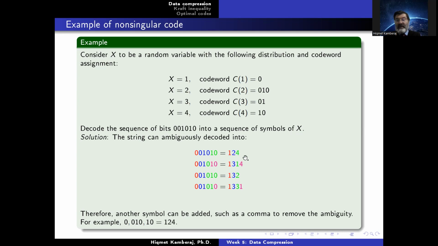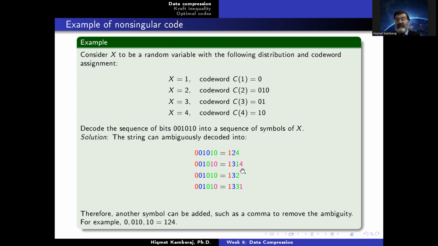However, it could equally be the following sequence of symbols. Again, we decode 0 as 1, as shown in red. However, we now decode 0 and 1, shown in blue, as 3. Then again in green, 0 we decode as 1. Then the last 1 and 0 we decode as 4. And we get the sequence of symbols 1, 3, 1, 4.